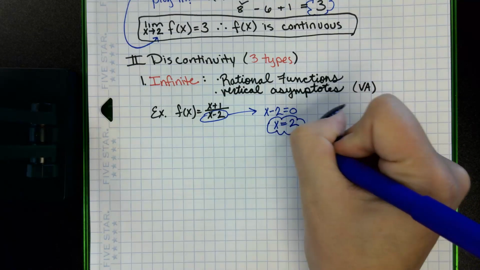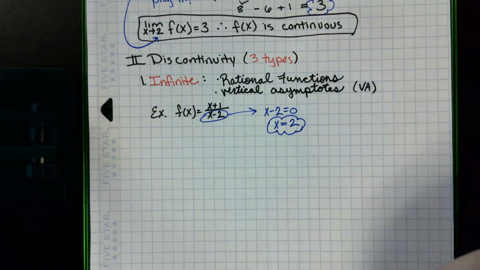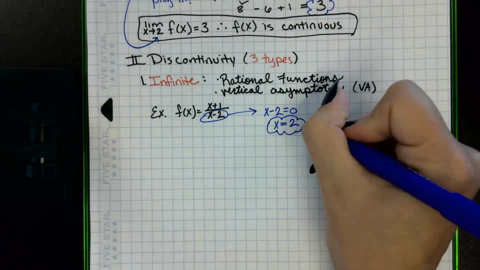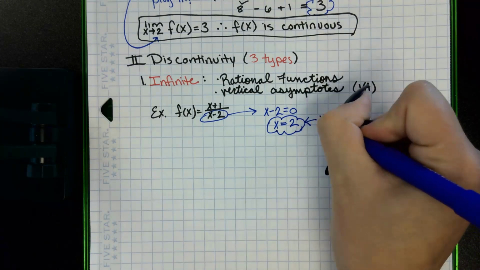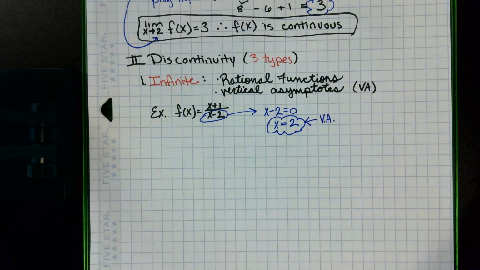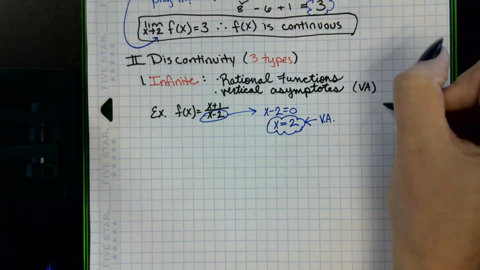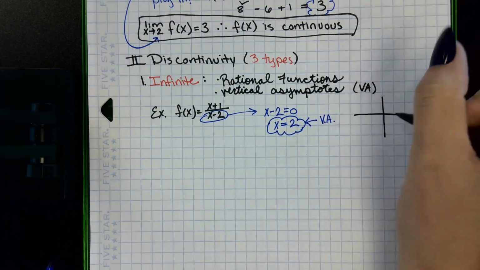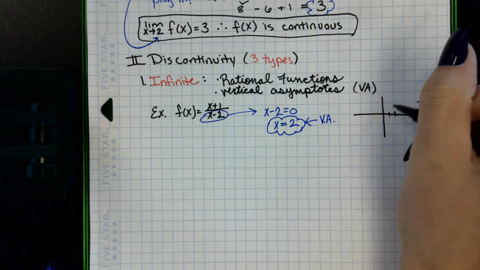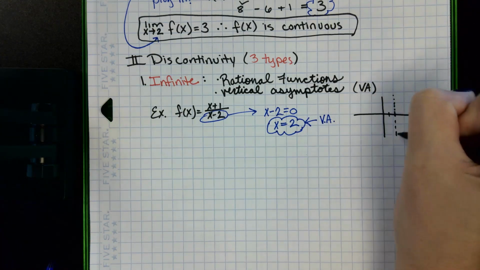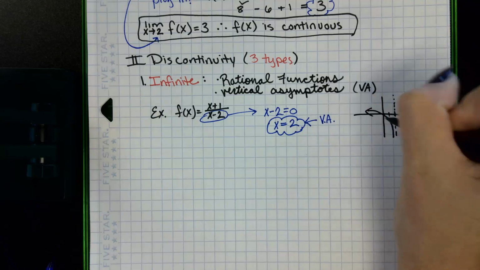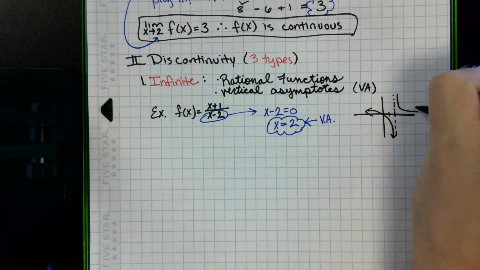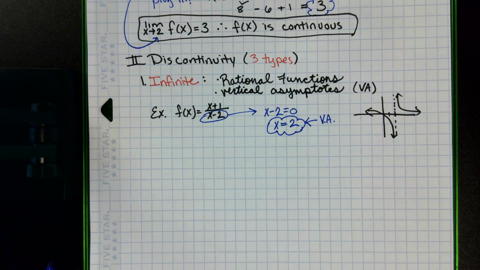That gives us a vertical asymptote at x equals 2. So if we did a quick sketch of this rational function, this is not actual, just a quick representation of what it might look like.